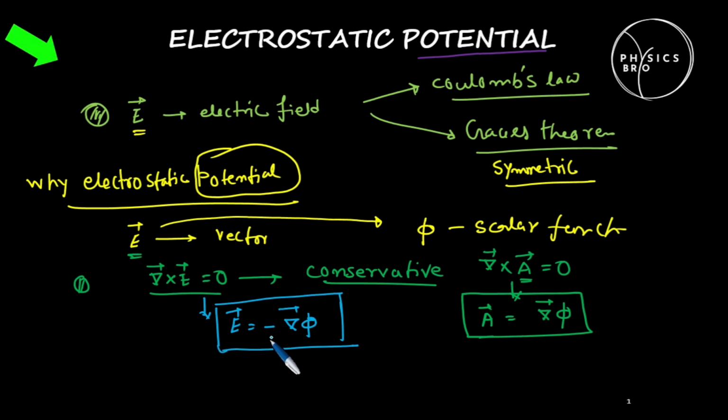Electric field can be replaced by phi if you can calculate phi, and phi calculation, that is potential calculation, is easy. So if you can calculate phi and take the gradient, you will get the electric field.